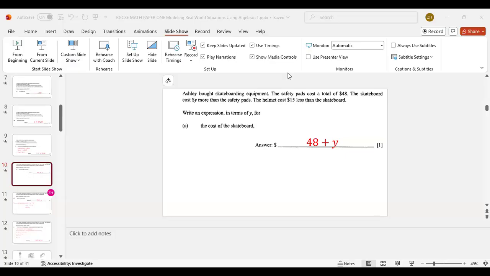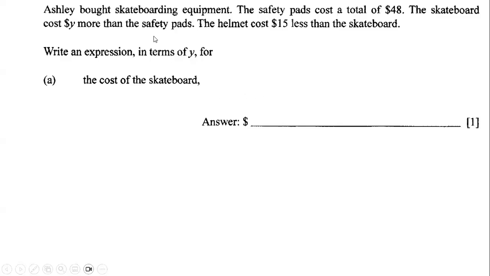All right. So basically, the way this works, do not write this down, we're just going over the quiz. We know the cost of the safety pads is $48. The skateboard costs y dollars more. So if you want the cost of the skateboard, we take the cost of the safety pads, which is $48, and add y.